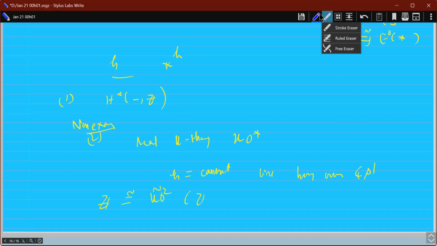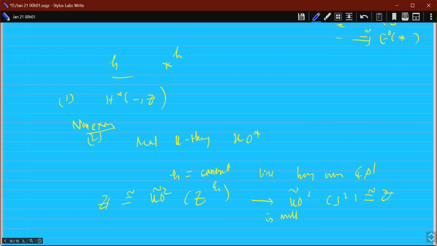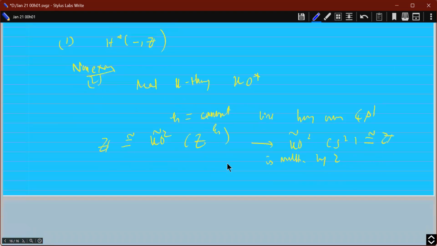I'm not explicitly proving this, but we can prove that this is multiplication by 2. So 1 can never be there. So this is a non-example.